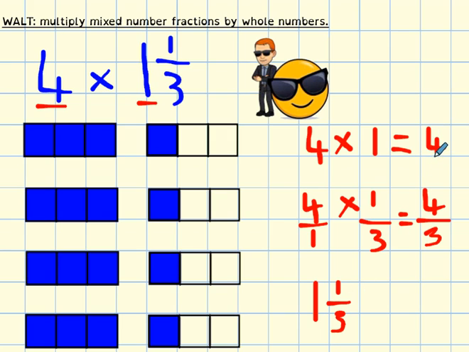So you've got 4 wholes here, you've got 1/3 here, add them together. 4 add 1, so add the 2 wholes together first. 4 add 1 is 5. And then I've got my fraction to add on to my 5. So it'll be 5 1/3.